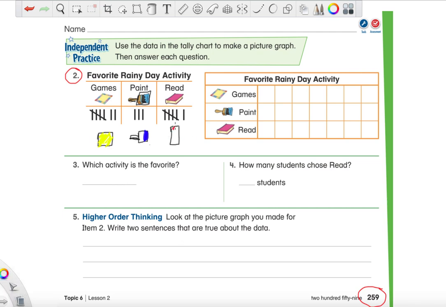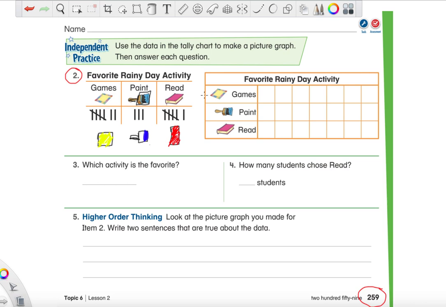So just put a red rectangle for a book. All right, so we have a yellow square for our games. We have a square with a little rectangle that's blue for our paint, and then a red rectangle for reading. That's our book.